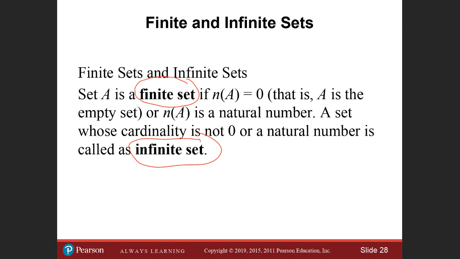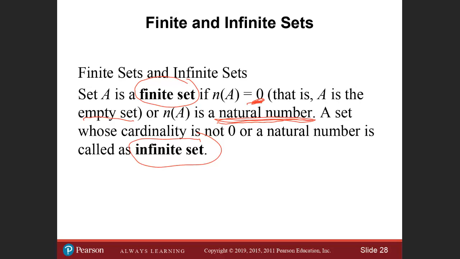Okay, so you can see obviously from the definition that when you have the finite set, if the cardinality is equal to 0, that's an empty set, right? Or if the cardinality is a natural number, we know what natural numbers are, like counting numbers, starting with 1. So that would be a finite set.